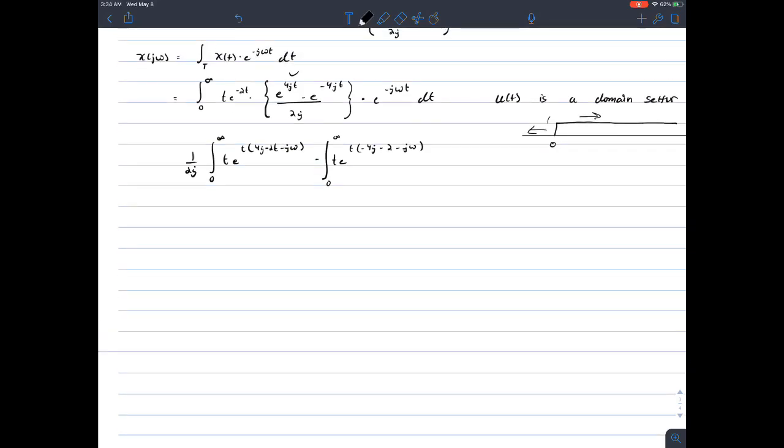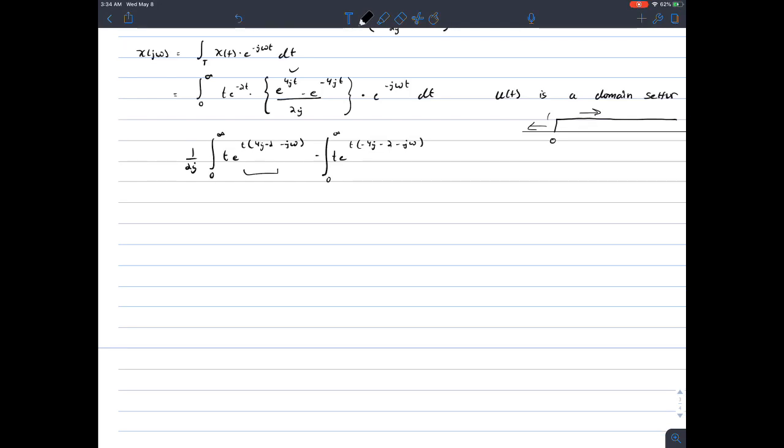So the integral, did I leave a t in there? Right, so the integral of this one, you have to do integration by parts.